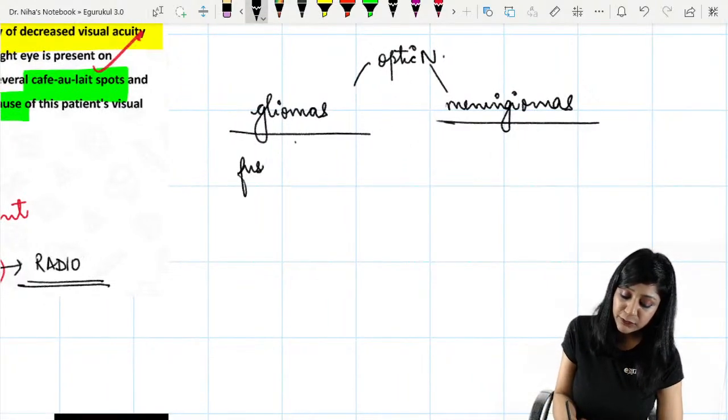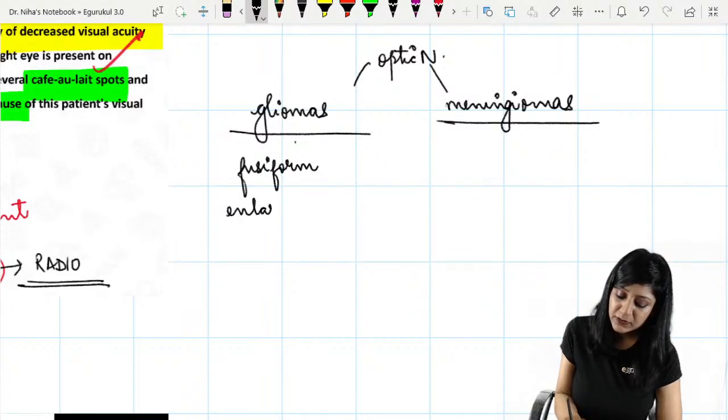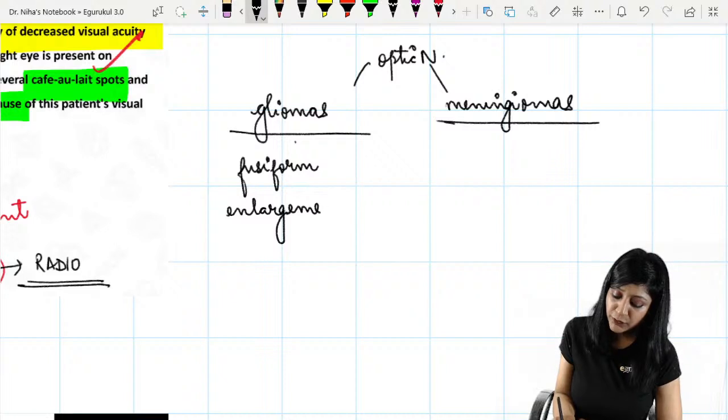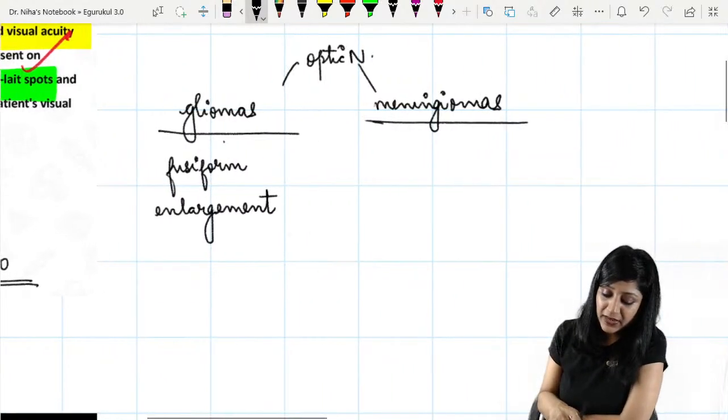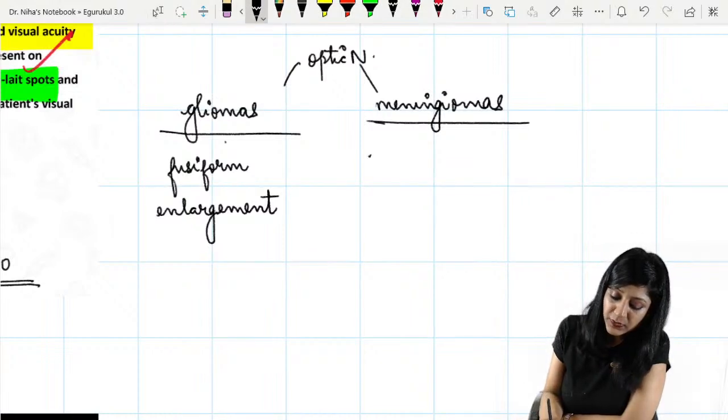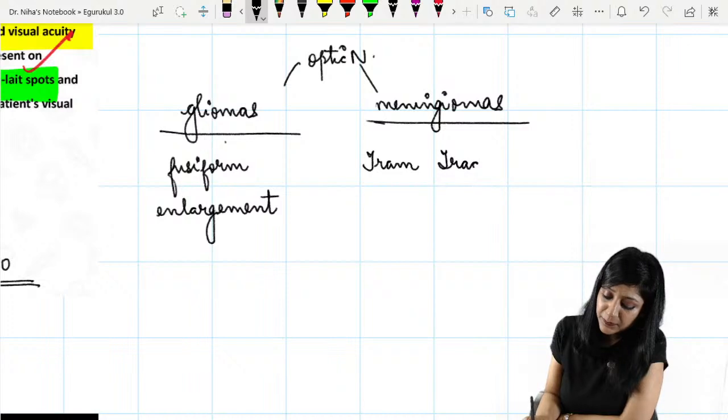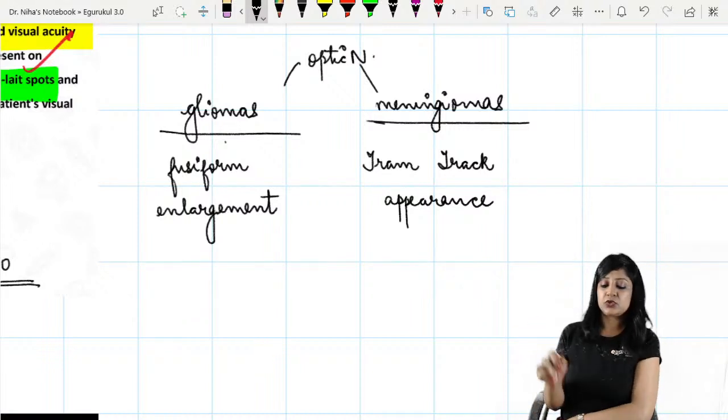You will get the fusiform enlargement. Fusiform enlargement you get in cases of the gliomas, while in cases of meningiomas we get the tram track appearance.